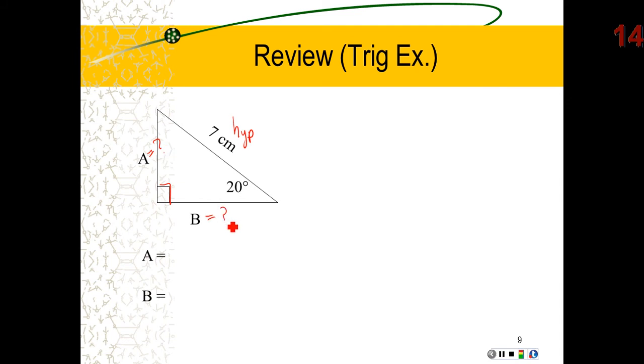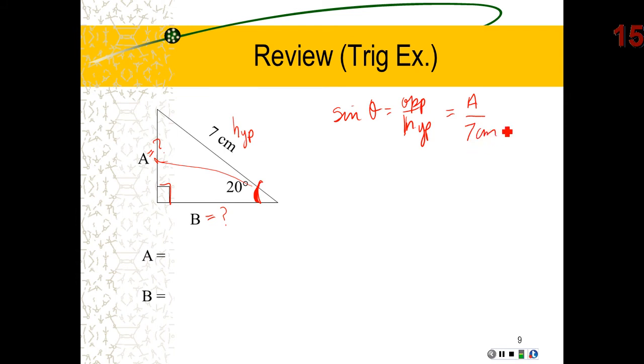Okay, so hypotenuse is 7 centimeters. We're looking for the length of A, the length of B. Knowing that the angle we have labeled is 20 degrees. We use our same relationships that the sine of theta is equal to opposite over hypotenuse. In this case, our opposite side is A. So sine of theta is equal to A over 7 centimeters.